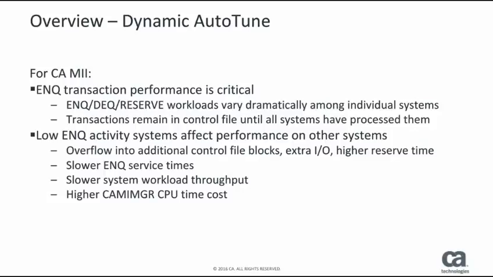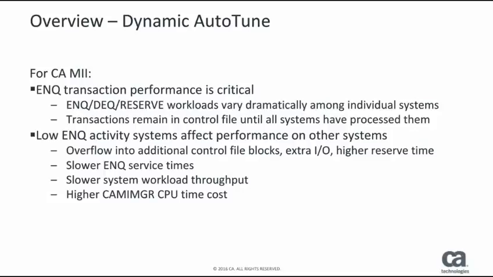This situation causes an unusual type of performance problem in a busy MIMplex. Hundreds of transactions can accumulate in a control file before a low-activity system gets around to accessing the control file. This accumulation causes unnecessary overhead on a busy system, which shows up in both extra CPU time and slower control file access times.